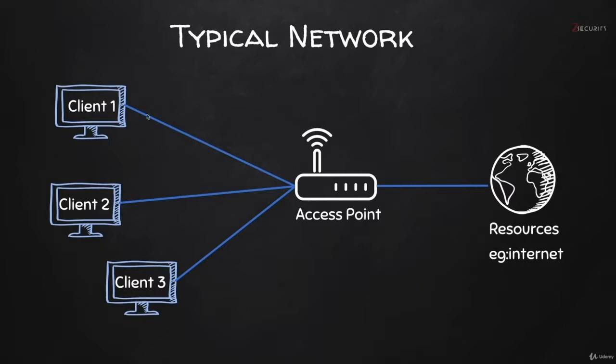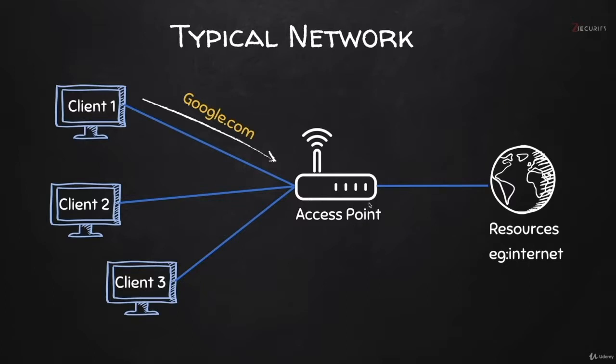So let's say, for example, you're client number 1 and you connected to your home network over Wi-Fi or over Ethernet over a cable, and then you opened your browser and you typed google.com. What happens is your computer will send a request to the access point asking for google.com.